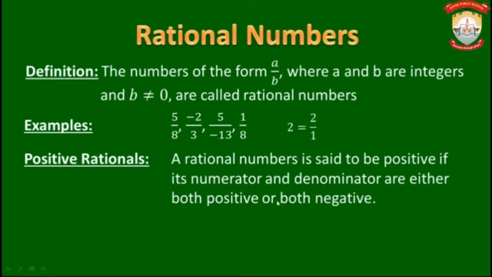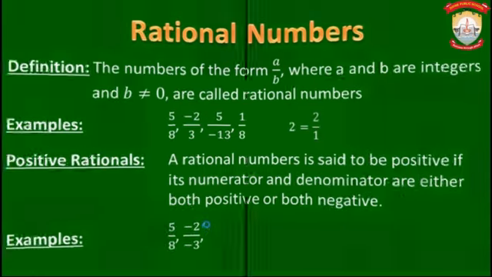This means if the numerator and denominator of a rational number have the same sign, then the rational number is a positive rational number. For example, 5 upon 8. Here 5 and 8 are both positive integers. So 5 upon 8 is a positive rational number. Minus 2 upon minus 3. Here minus 2 and minus 3 both are negative integers. Hence minus 2 upon minus 3 is also a positive rational number.